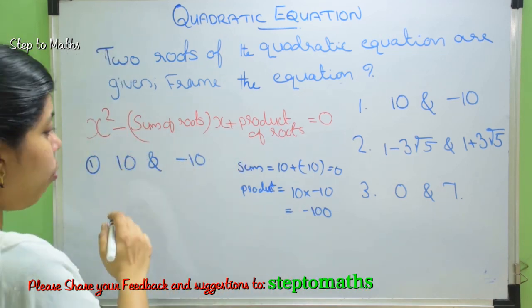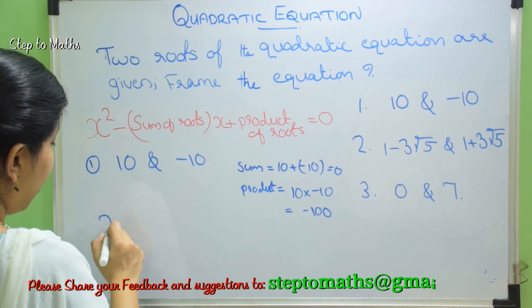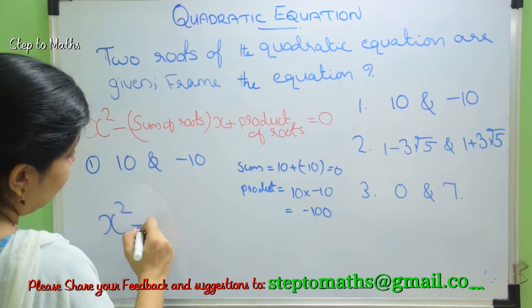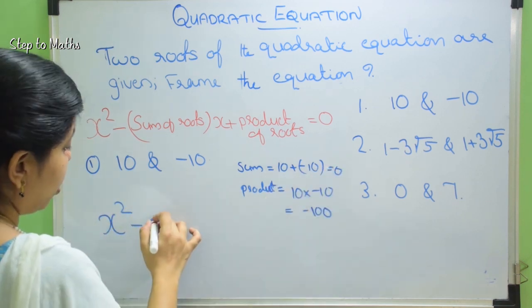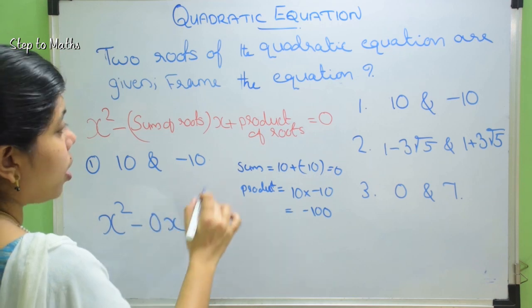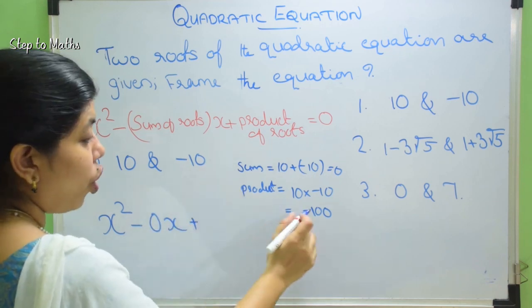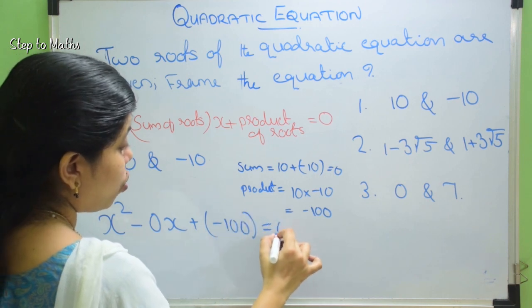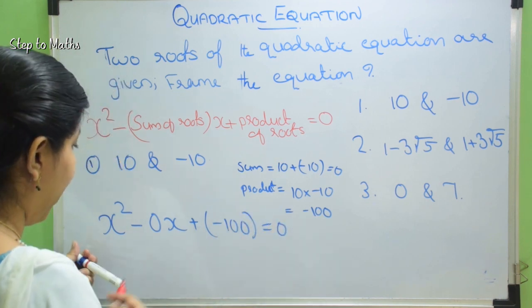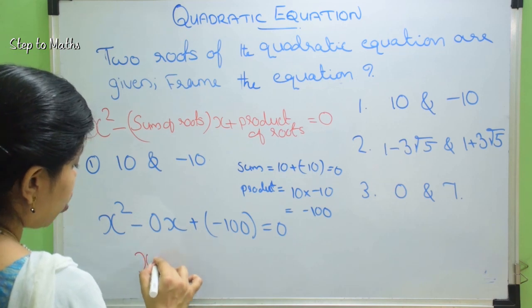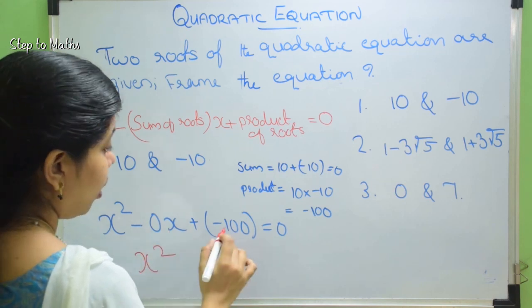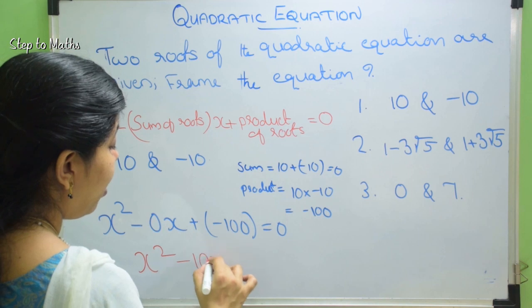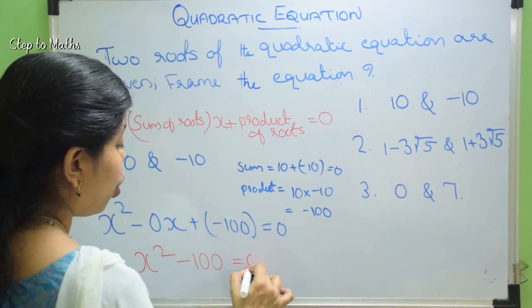Then how can we form its corresponding quadratic equation? x square minus sum of roots 0x plus product of roots, which is minus 100, equal to 0, or simply we can write x square minus 100 equal to 0.